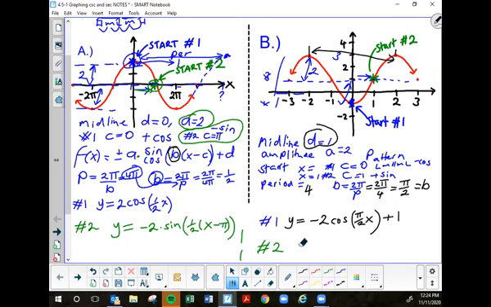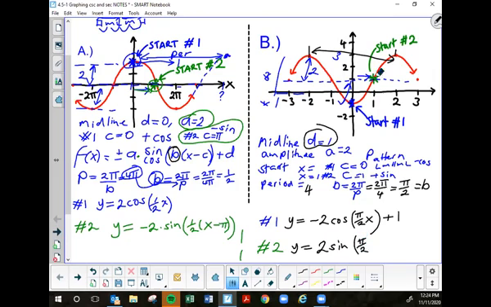And for start number 2, we're going to have y equals. Start number 2 is the beginning of a positive sine wave, so I don't need to write the plus, but it has been stretched by 2. That has been written first. 2 times the sine of b, which is pi over 2.